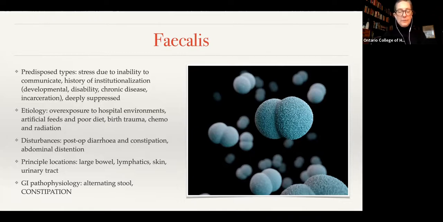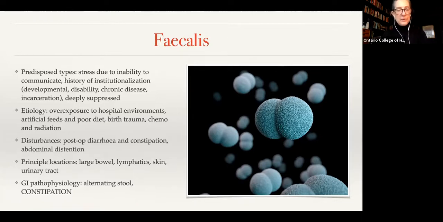These are people who have lived in homes due to developmental or physical disability, chronic disease, incarceration, or other issues that have made them live in situations in which they are being fed institutional food, and their individual needs and desires are not taken into account, and are deeply suppressed.